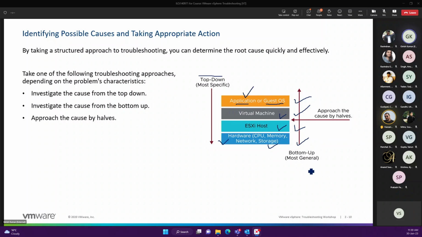So we have two approaches, bottom-up approach or top-down approach.